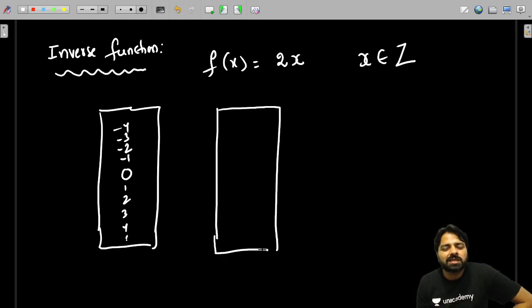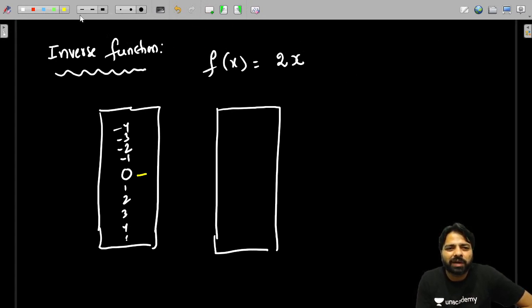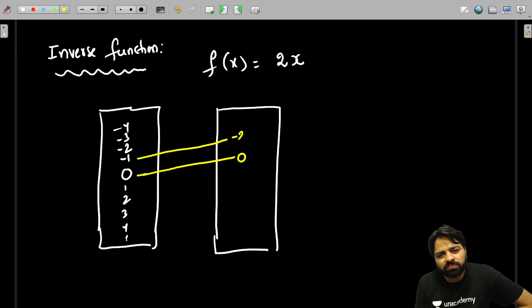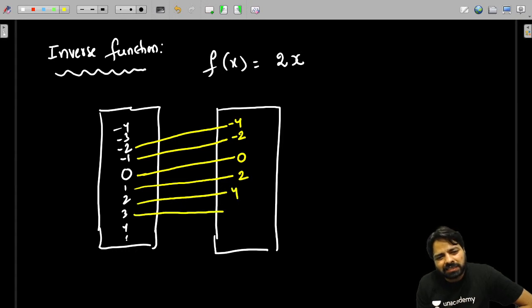Of course, only bijective functions have inverse functions, remember that. 0 maps to 0, 1 to 2, 2 to 4, 3 to 6, 4 to 8, and minus 1 to minus 2, minus 2 to minus 4.